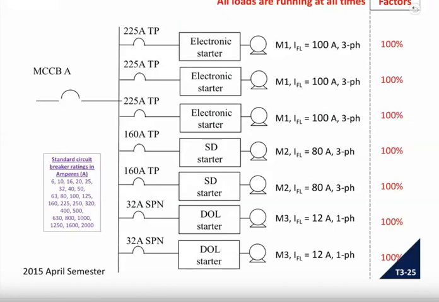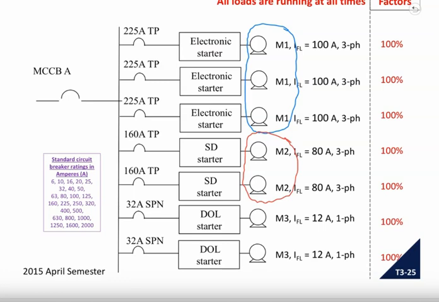Okay, we have this system in which we have 3 numbers of M1 kind of motors. So we have this group. Okay. And then we have another group that is M2.